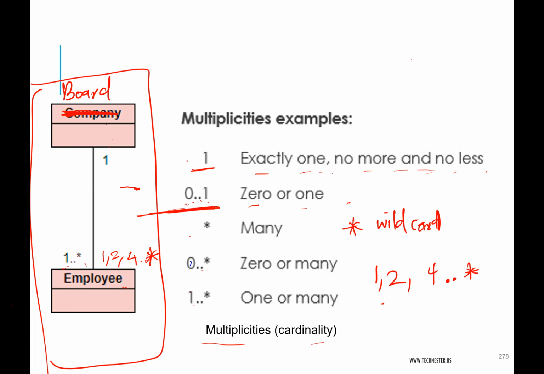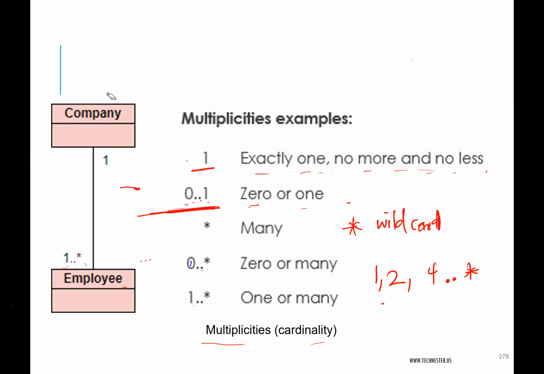So when they are registering names of employees, you ask them how many employees you want to register. If they say 3, you say not allowed. The software will say not allowed. Only 1, 2, 4, or many. So if there was that kind of case, that's how you represent it.